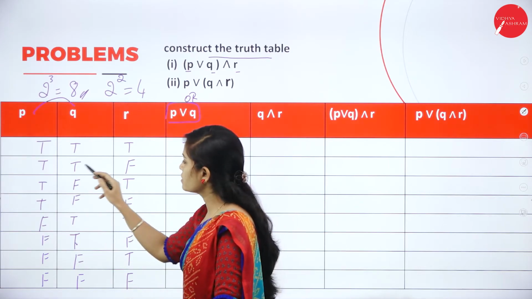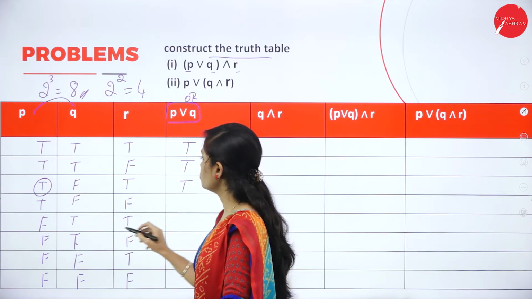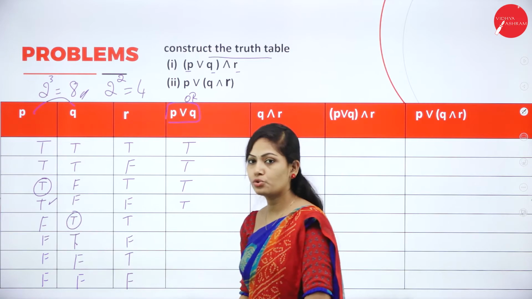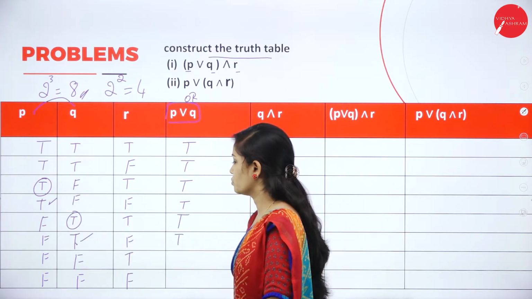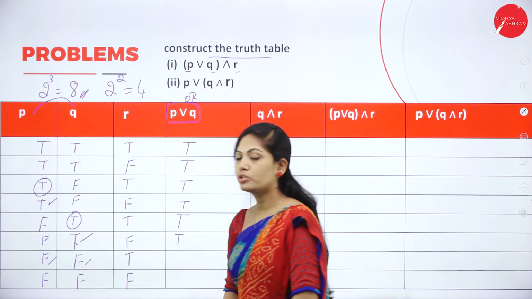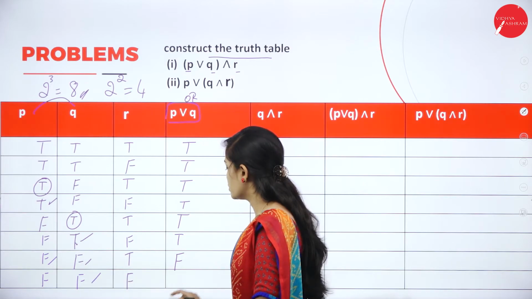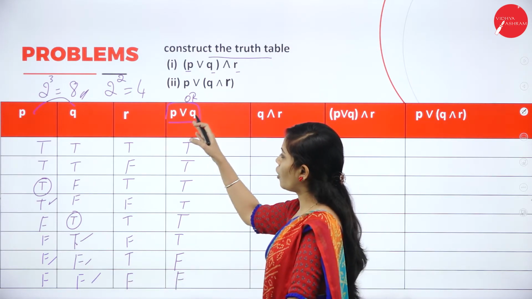Any one of the conditions true, so I write true. And here both the conditions are false, so I write false. If both the conditions are false, the statement is also false. So this is P or Q.